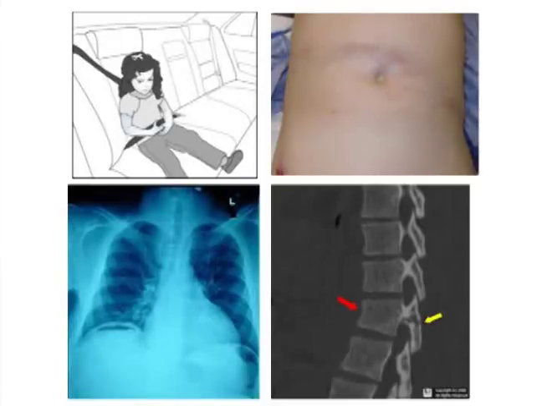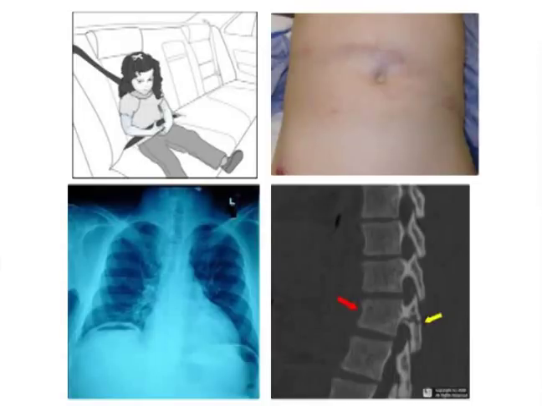It's abdominal or flank contusion, and this girl has an abdominal wall contusion, the intestinal perforation, and also lumbar spine injury, which can be anything from a vertebral fracture to a severe cord injury with paralysis.